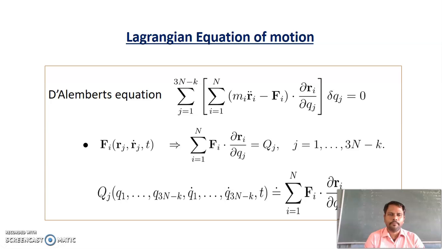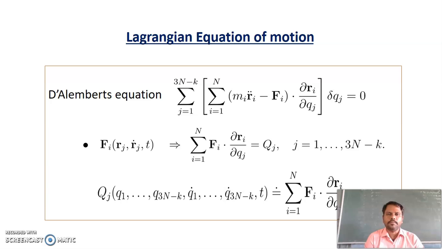Substituting for generalized displacement, we arrive at this expression: summation j is equal to 1 to 3n minus k, into summation i is equal to 1 to n, mi Ri double dot minus Fi, into dou Ri by dou Qj, into delta Qj is equal to 0.